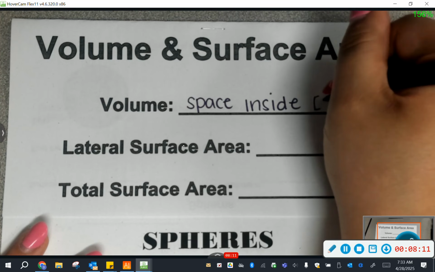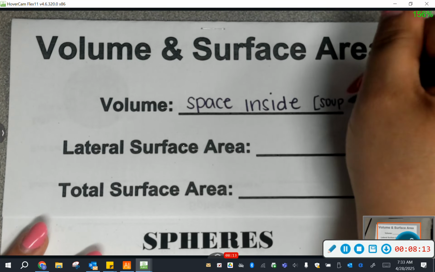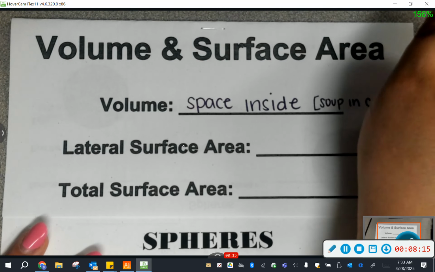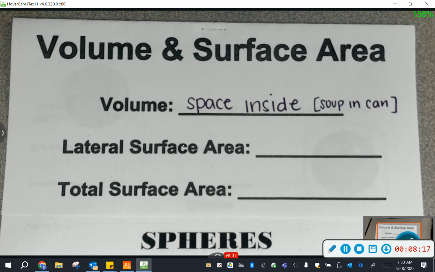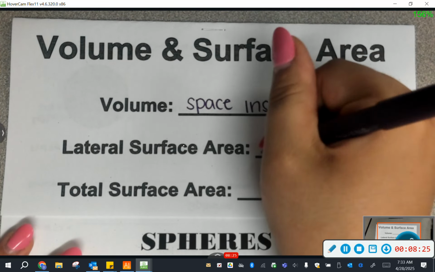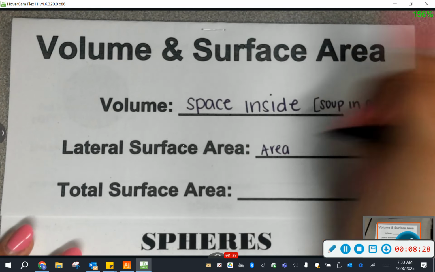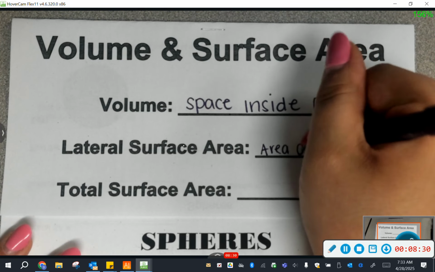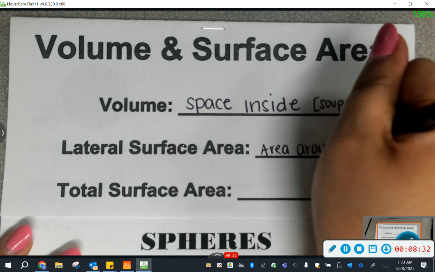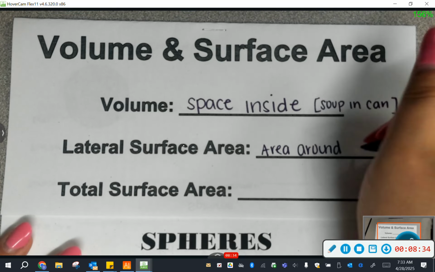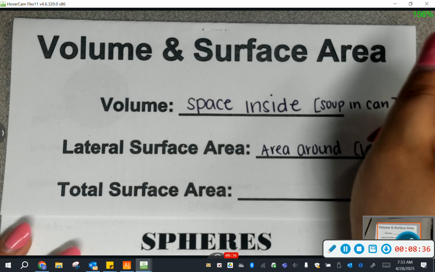So we're going to say soup in a can. The soup in the can is the volume. Do y'all agree with that? Okay. What is the lateral surface area? It's the area around. So that would be like the label of a can.